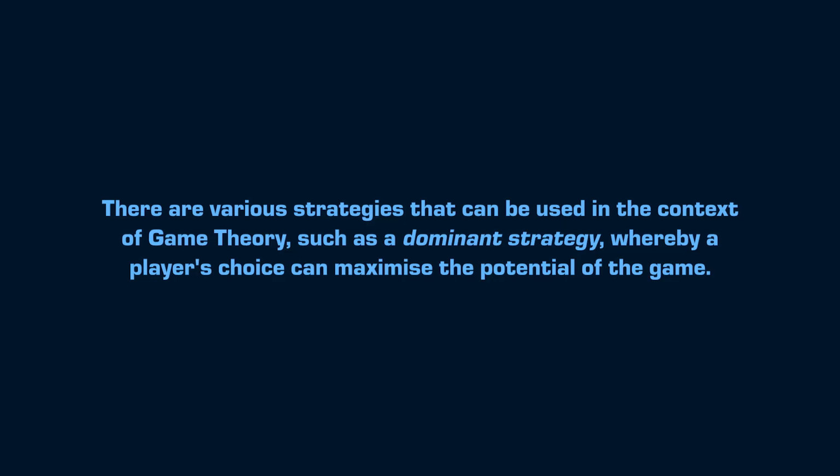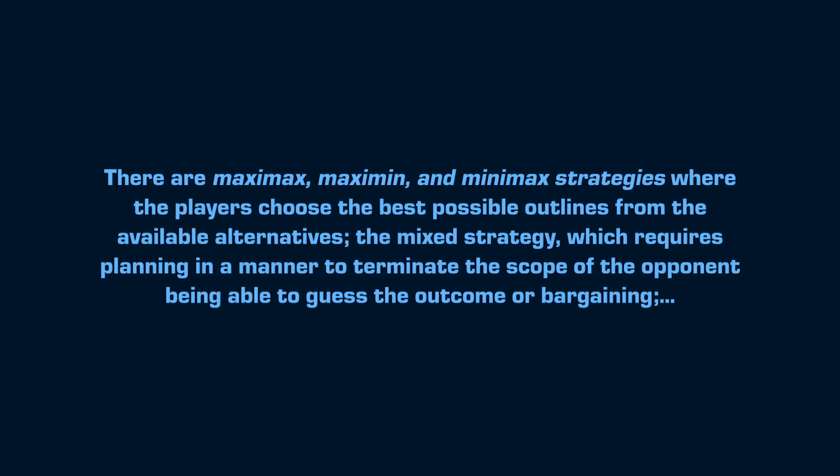There are various strategies that can be used in the context of game theory, such as the dominance strategy, whereby a player's choice can maximize the potential of the game. Then there are the maximax, the maximin and the minimax strategies, where the players choose the best possible outcomes from the available alternatives.